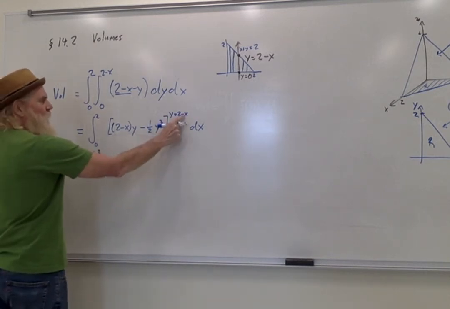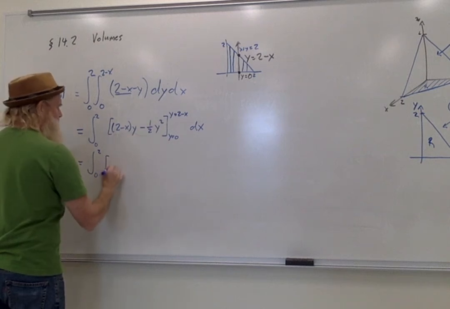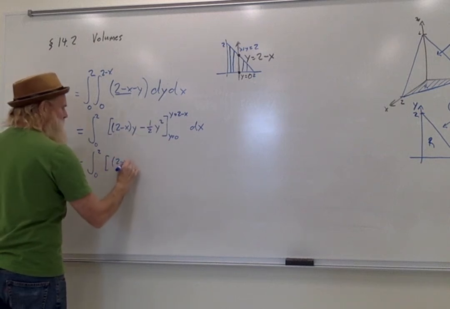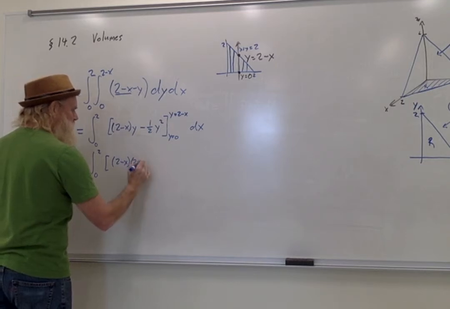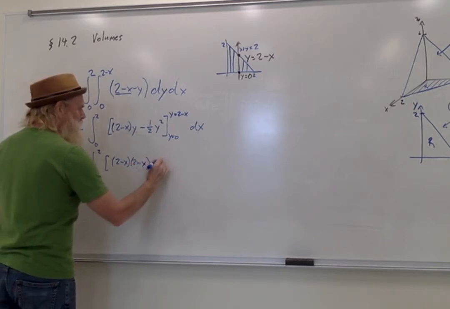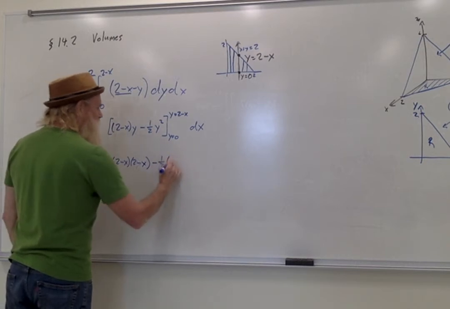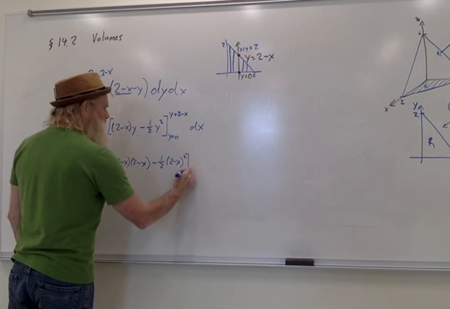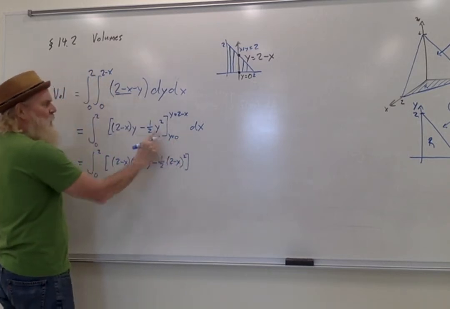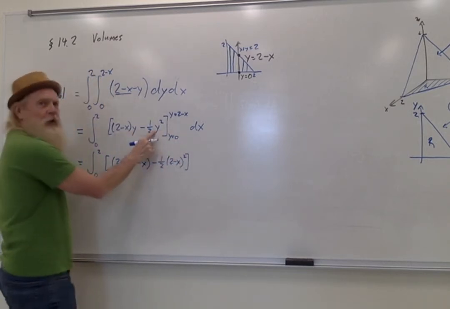First of all, I'll plug in y equals 2 minus x. So that gives me 2 minus x times 2 minus x, minus half of 2 minus x squared, minus, notice that when I plug in y equals 0, I just get 0.